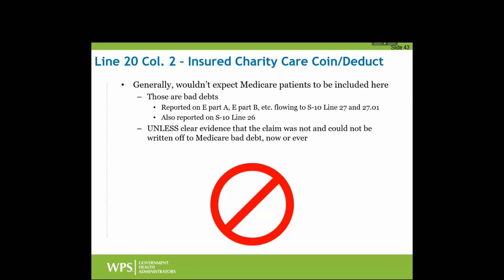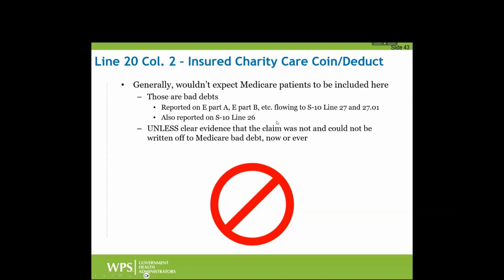So we've already got a provision to allow Medicare indigent bad debts, which again are sometimes used interchangeably as Medicare charity care bad debts. I try to keep that split between the verbiage for this very reason, to avoid confusion. Indigent bad debts following that exact same charity care policy are already allowed on E-Part A, E-Part B with bad debt reimbursement. So we cannot allow it here as well. That would be a double type reimbursement.